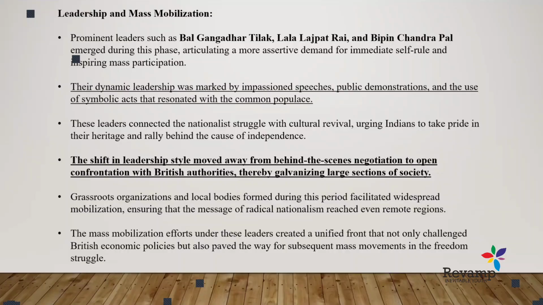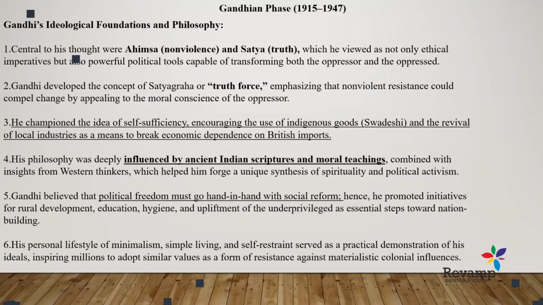This can be seen in speeches and public demonstrations, which helped the common populace get into action and want Swaraj and national movements too. Later on, the radical phase slowly diluted when the Gandhian phase started to evolve.